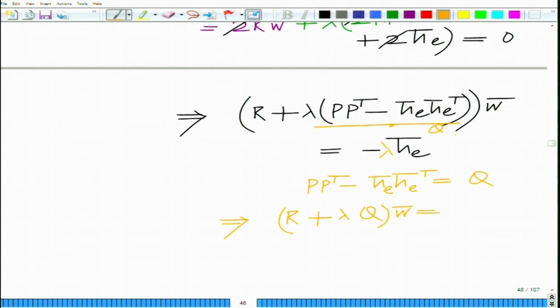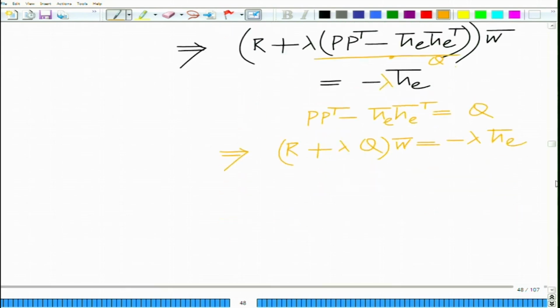So minus lambda H bar E. So this is equal to minus lambda H bar E, and therefore that gives us the equation W bar equals minus lambda times R plus lambda Q inverse, into H bar E.